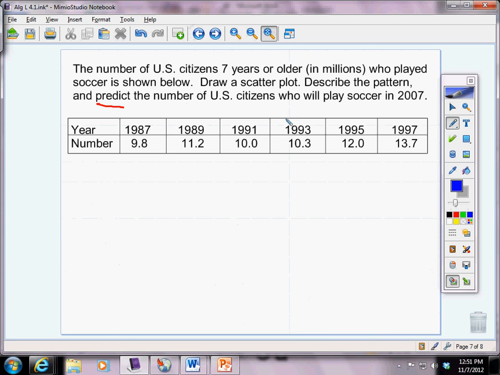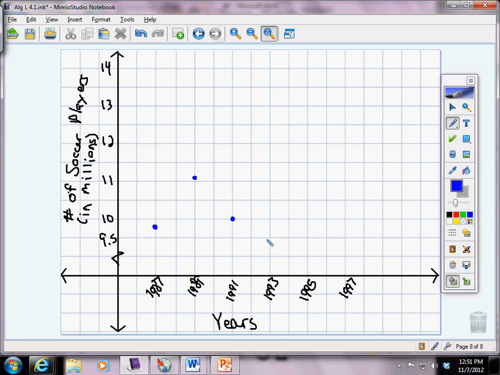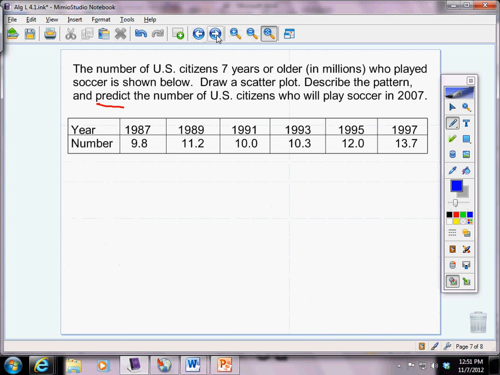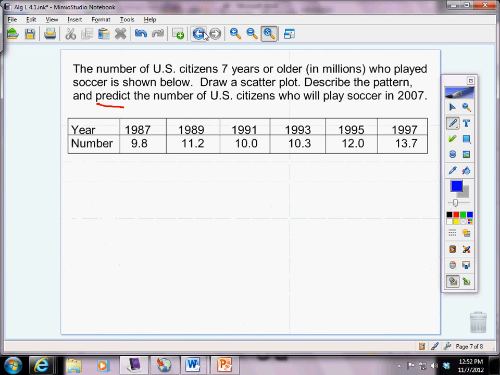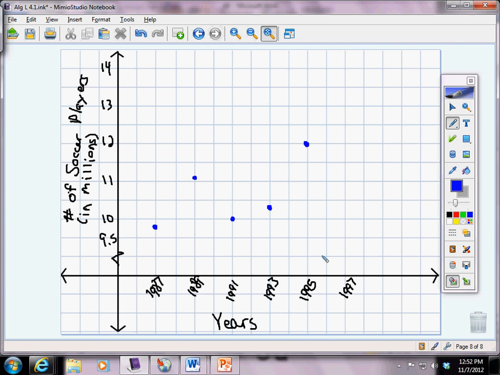In 93, we had 10.3. 10.3, 10.5, so right in here. In 95, we had 12 million. And in 97, we had 13.7 million. That's going to be up here.